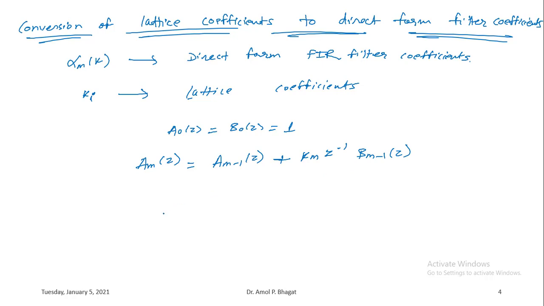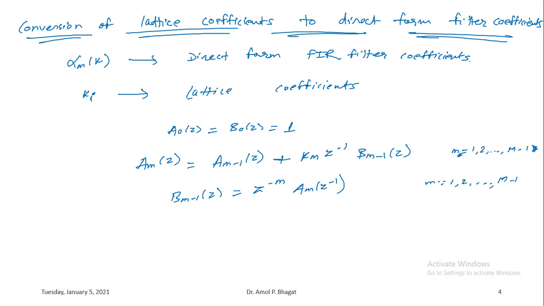And for obtaining this bm of z, you can use z to the power minus m am z inverse. Okay, and here these values of m will be m equals 1 to capital M minus 1, right? Similarly here also m is 1 to capital M minus 1, right?